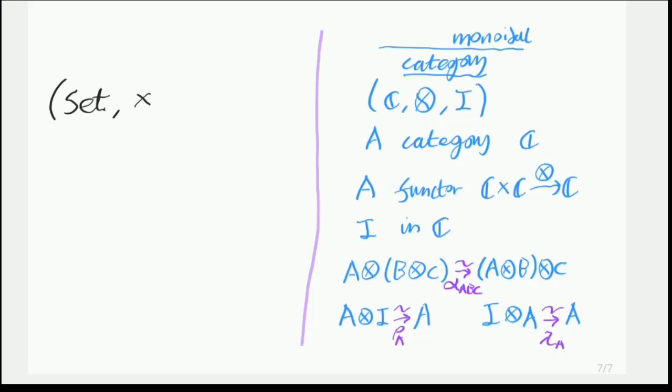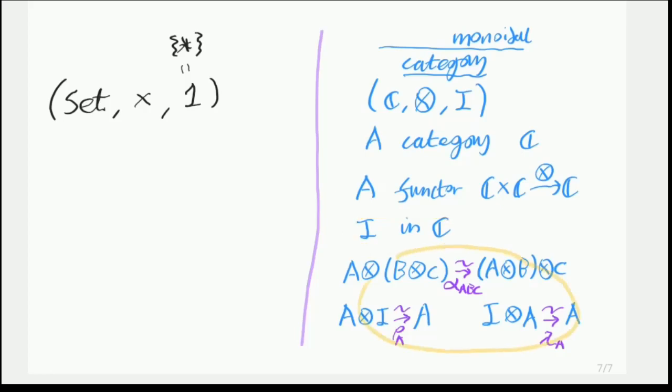So we know how to take the Cartesian product of sets, the Cartesian product of A and B being the set of all pairs with the first element from A and the second element from B. And then our monoidal unit, I, is going to be the singleton set, which we can write as 1, or we can think of it as the set that just has one element, star. So we know that product can act like a functor, and that's fine. And of course, the singleton set is a set.